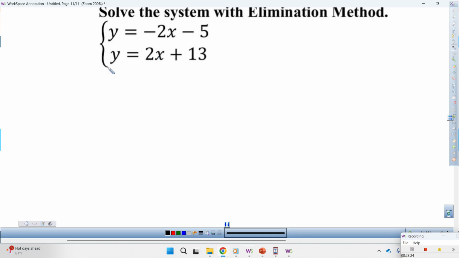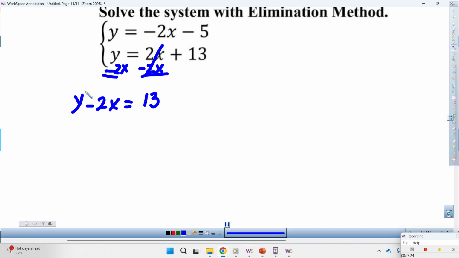So let's look at this bottom equation. Look up. I'm going to use blue. Which variable needs to go to what side? The x to the other side to leave the y by itself, right? So watch. Subtract 2x, subtract 2x. So my new equation is y minus 2x equals 13.